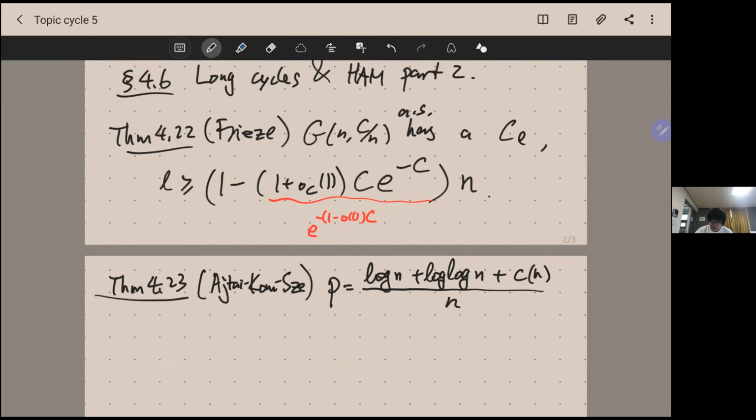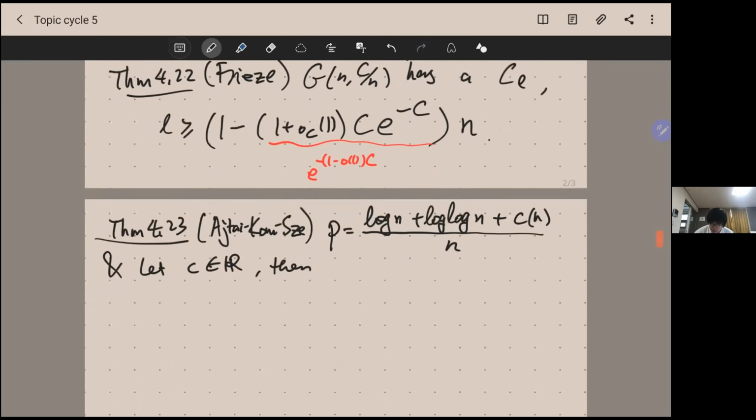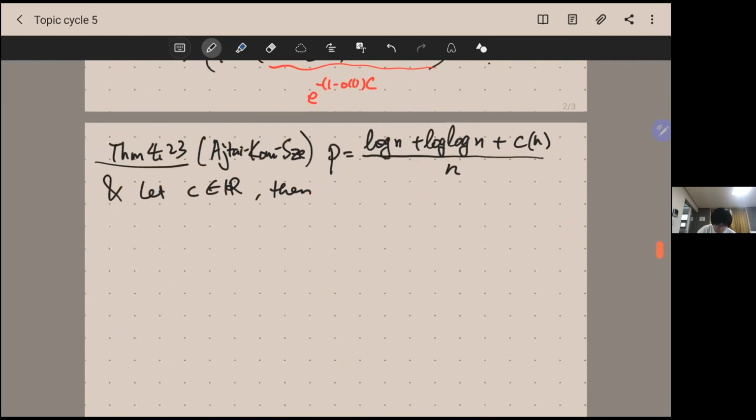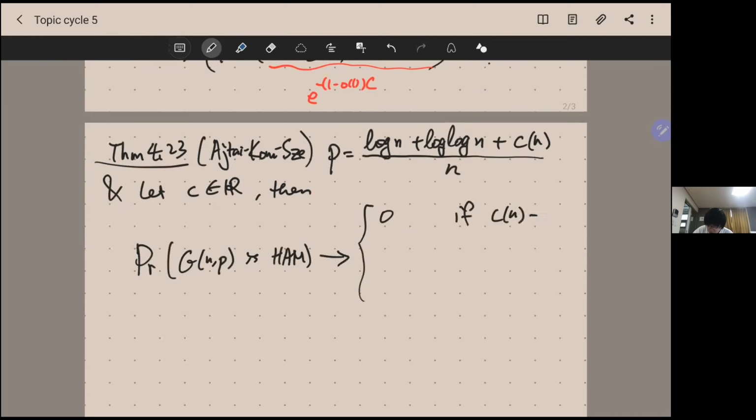Then, let c be a constant, some real. Then we have the following. The probability that G(n,p) is Hamiltonian goes to 0 if c(n) goes to negative infinity.